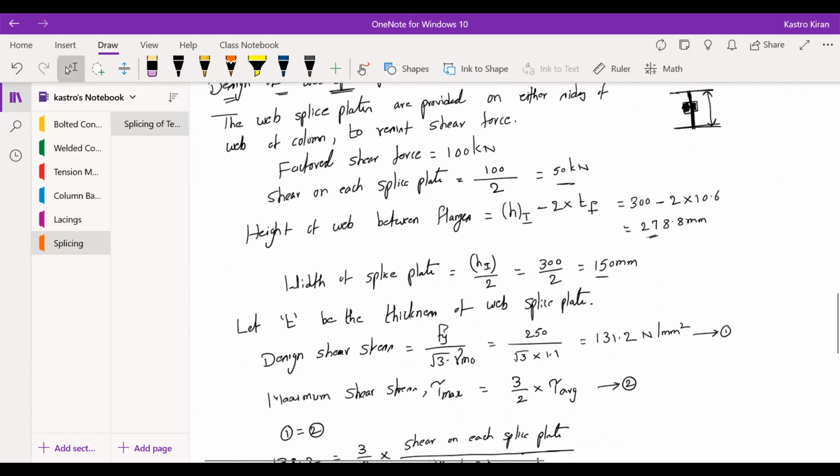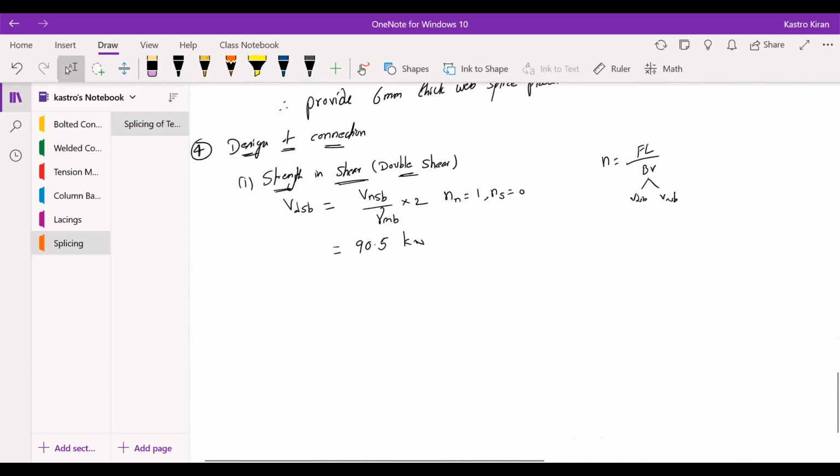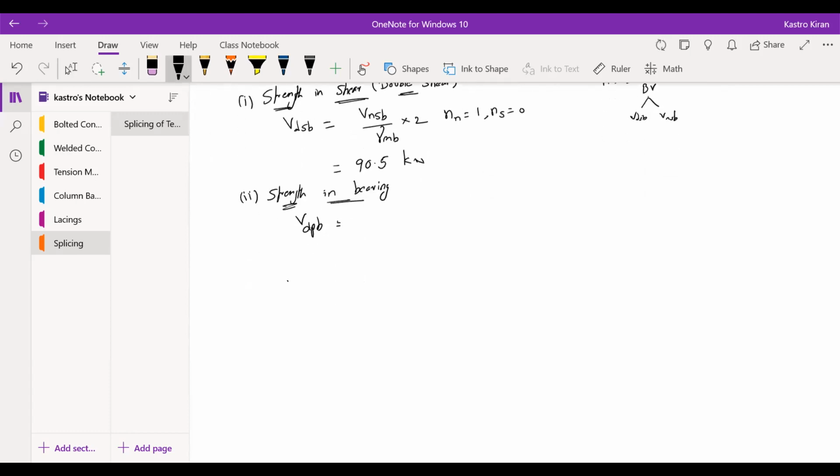So let's solve for the strength in bearing as well. This is calculated using VDPB, same as we solved in the previous two steps, which is VDPB equals VNPB by gamma. After calculating the VDPB value, the bolt value will be the least of VDSP and VDPB.